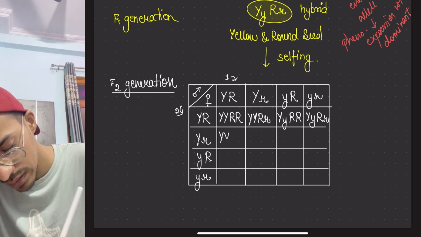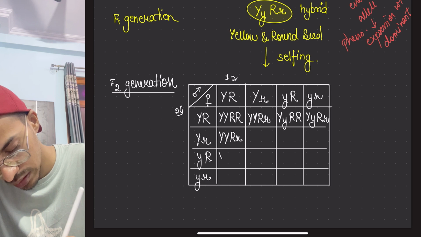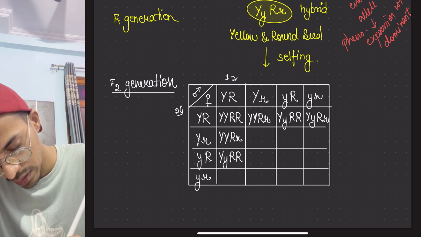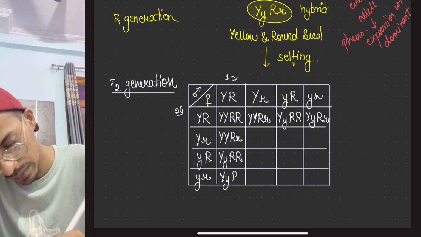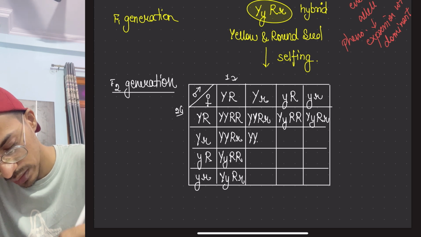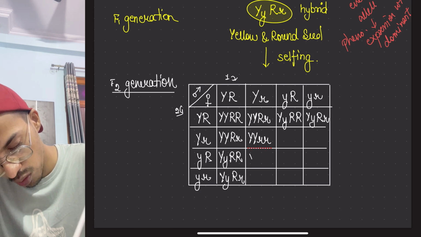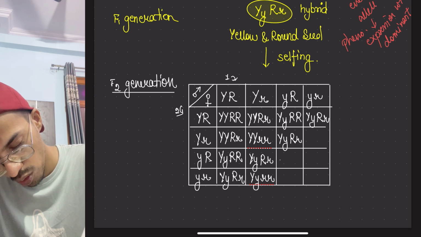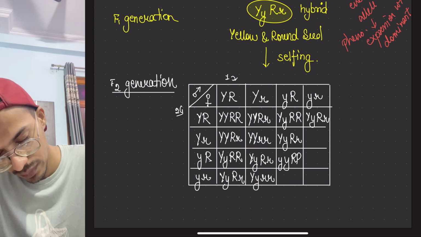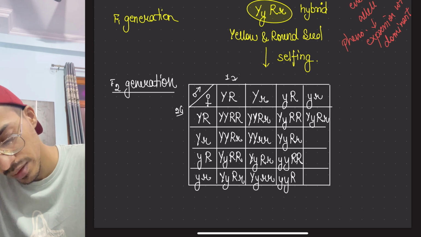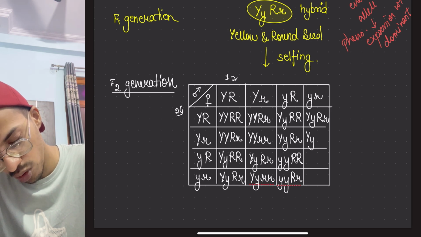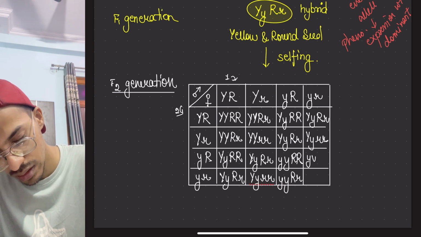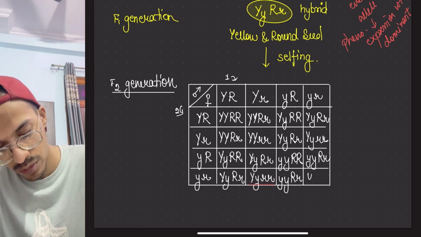Here capital, capital, capital, small, capital, capital, small, capital, small, capital, capital, small, small, then capital, small, capital, small, capital, small, small, small, capital, small, capital, small, small, small, capital, capital, then small, small, capital, small, capital, small, small, small, small, small, capital, small, small, small, small, small.